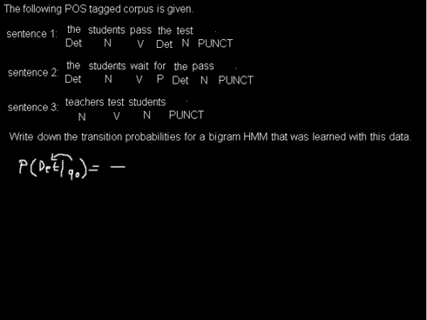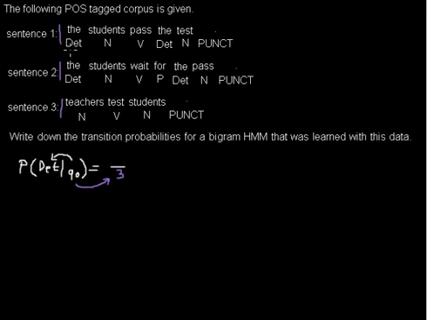Well, let's see how many sentence beginnings we have. We have 1, 2, 3. So this one will give us the denominator, which is 3. And let's see how many times we've got a determiner here.